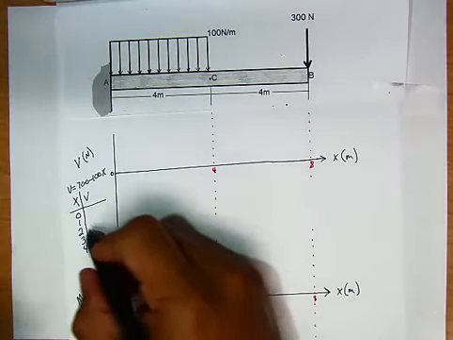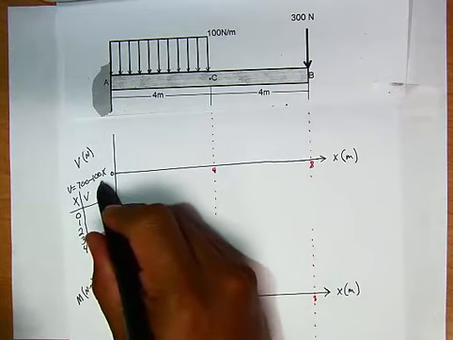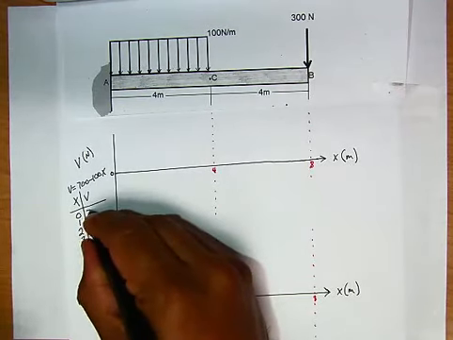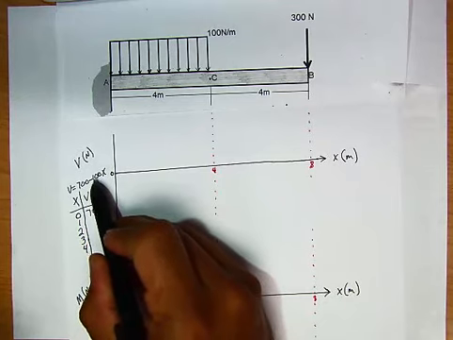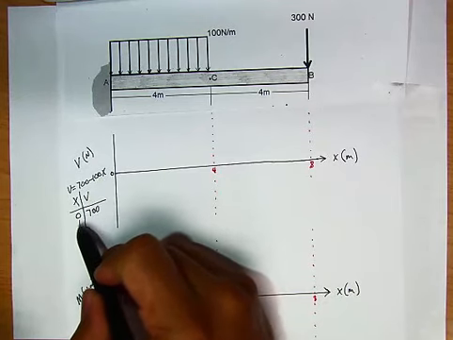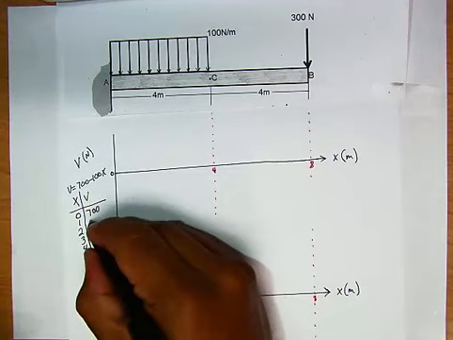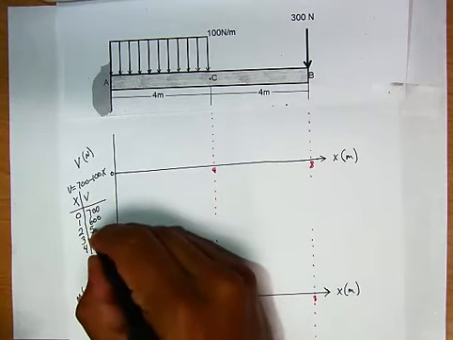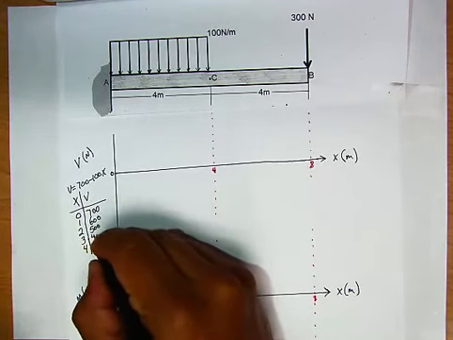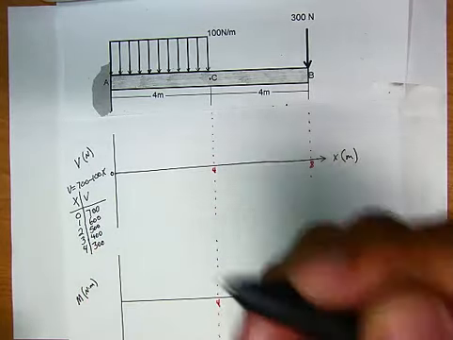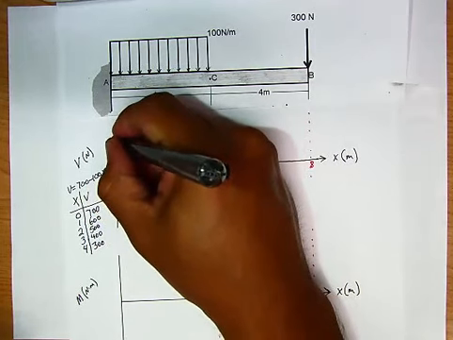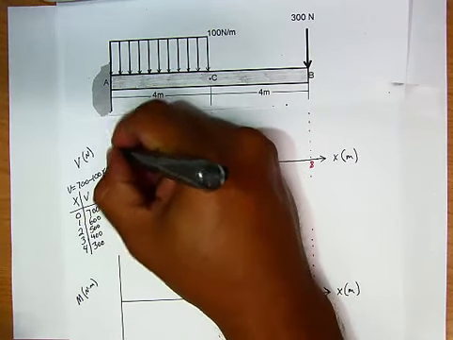Alright, so at 0 we get a value of 700. This is obviously a linear equation with a slope of negative 100. So at 1, that's 600, 500 at 2, 400 at 3, and 300 at 4. So let's just say this is right here at 0.